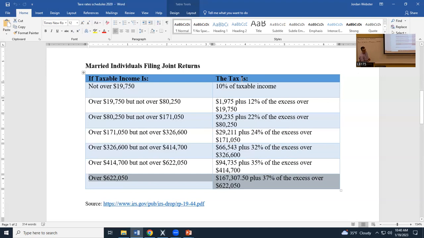That's the last category on married filing jointly.